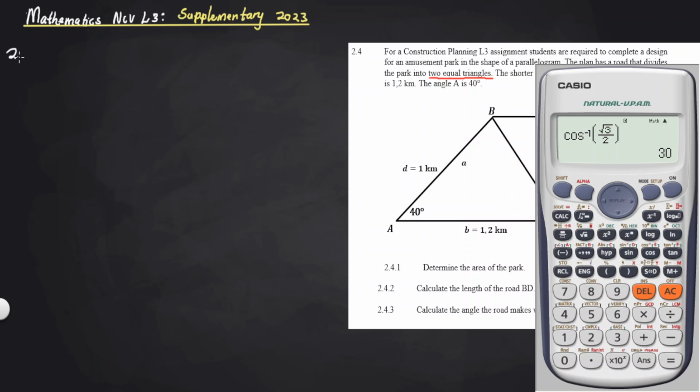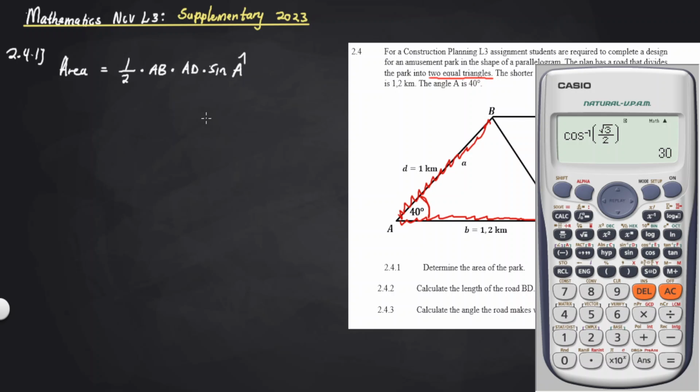Now 2.4.1, the area is calculated as half multiplied by AB multiplied by AD multiplied by sine of angle A. You need two adjacent sides, and I'm highlighting them, and the angle between the two adjacent sides.